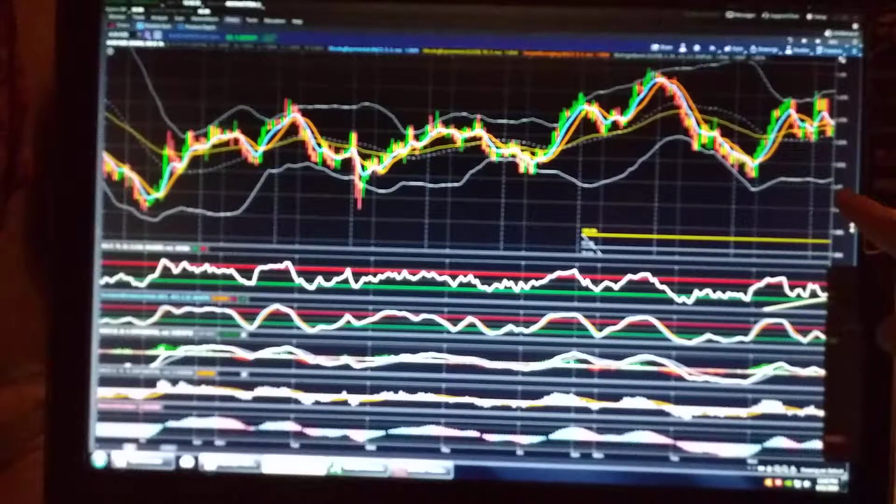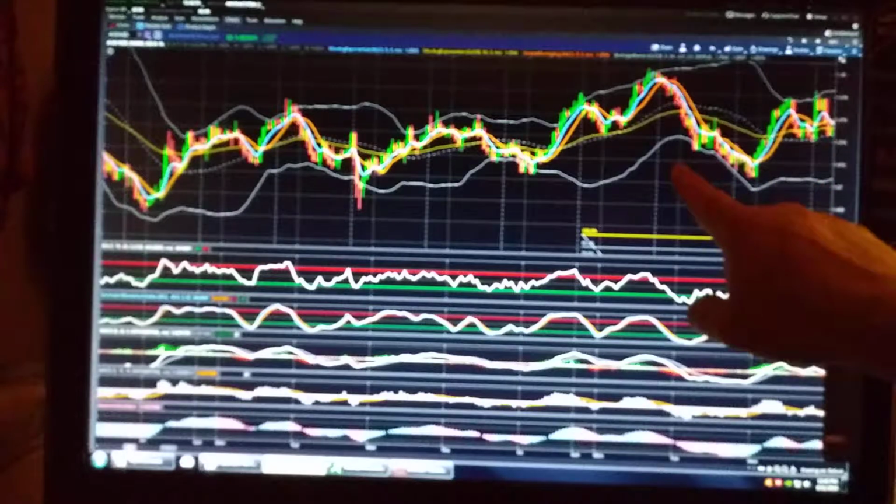So here you have 1.0700. Then you have 1.0720. Then 1.0740. So these are 20 pips from this number to this number.